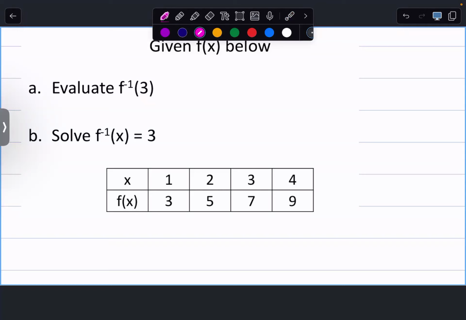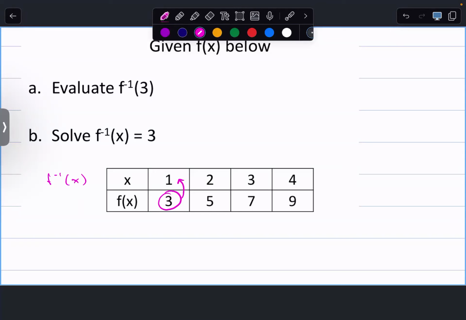I have the output of f of x from an input of 1 to get to 3. So how I would read this is that this would be f inverse of x if x is down here.